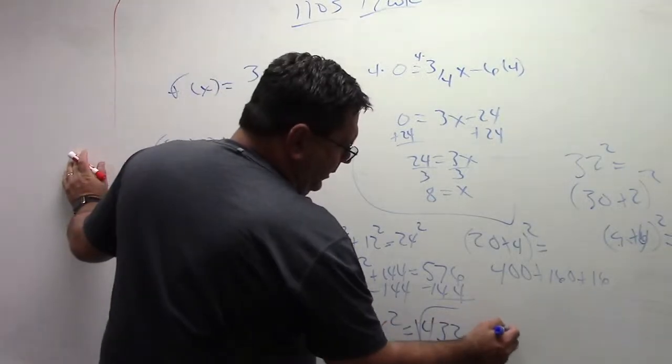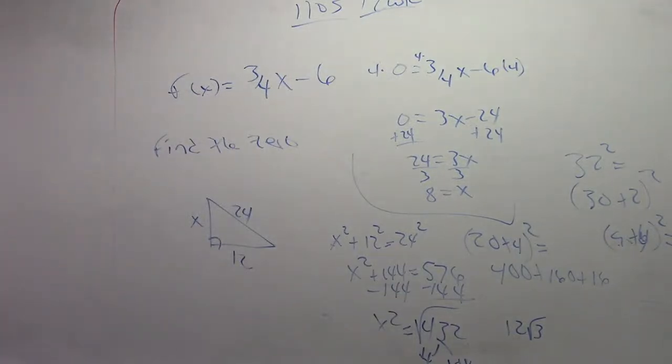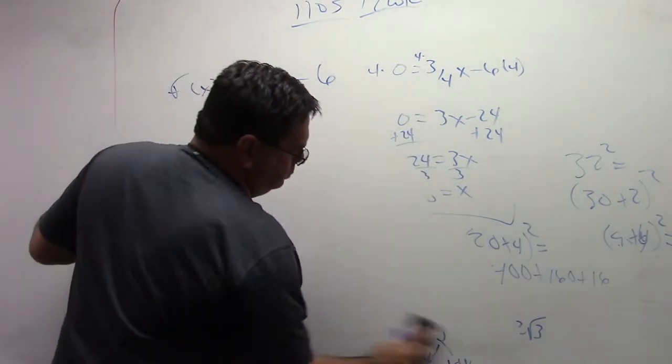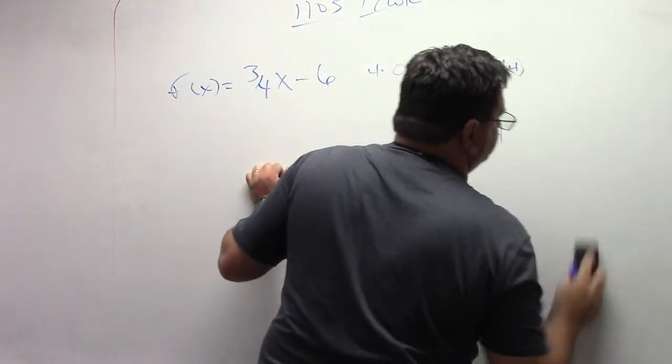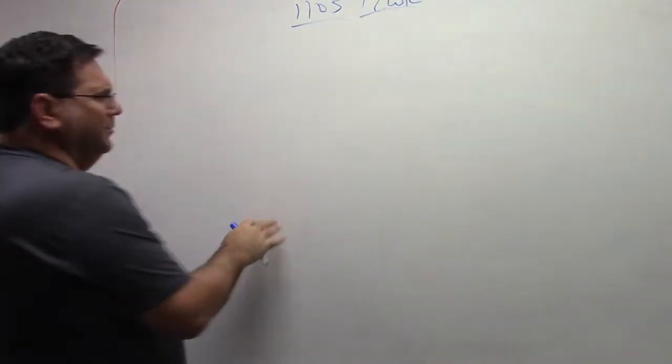So this looks like 12 square roots of 3, if you're asking for my opinion on the matter. Does that make sense? It doesn't. All right. Can I erase that? I don't think we need to do that again. Is that okay? Those two are fine?